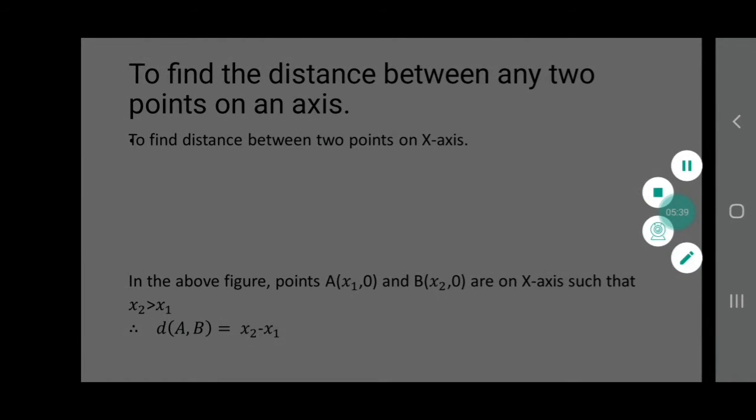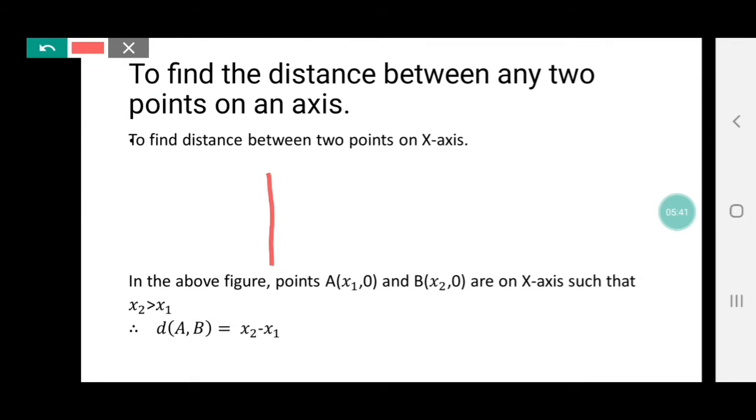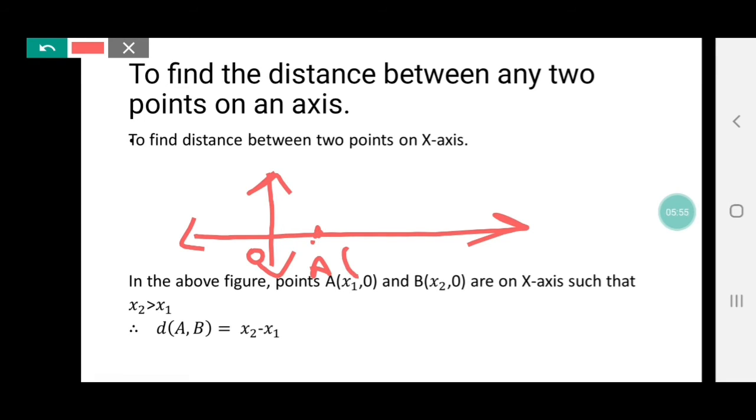Okay, so for that we'll need a Cartesian system. Now two lines are intersecting, so that will be point O wherever it is intersecting. Here is point A. Now the coordinates of point A are (x1, 0).